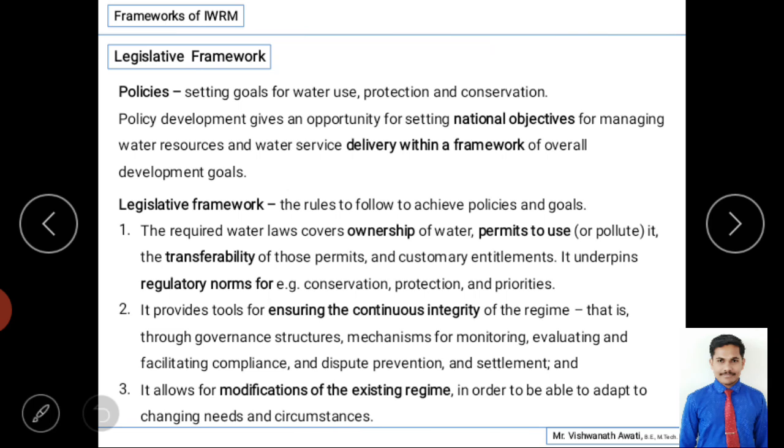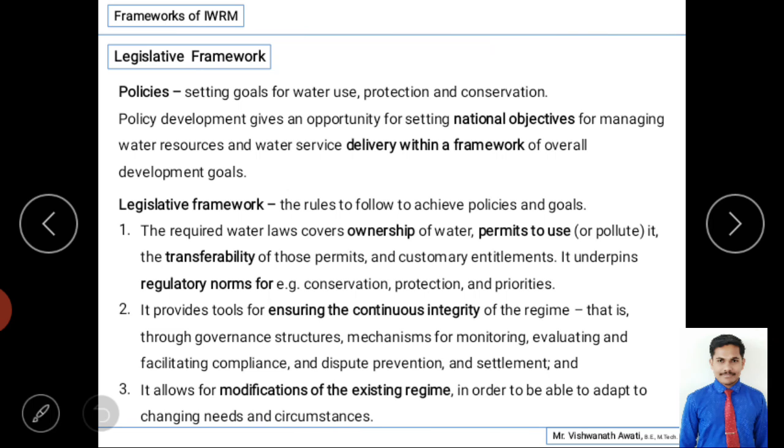The required water law covers ownership of water and permits to use or pollute as well. Some industries require discharge of their waste material into the river, right? So even some permissions to pollute will be there, because you are not compromising with industrial or developmental activities. So it covers the ownership of water: who is the owner of the water? Actually, water right is not there in any country.